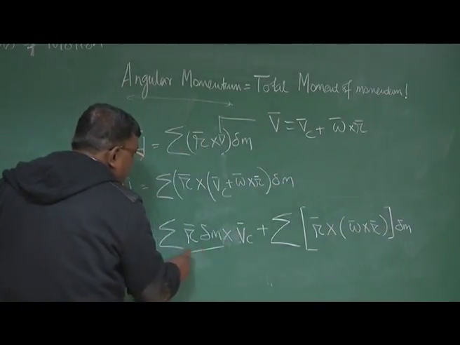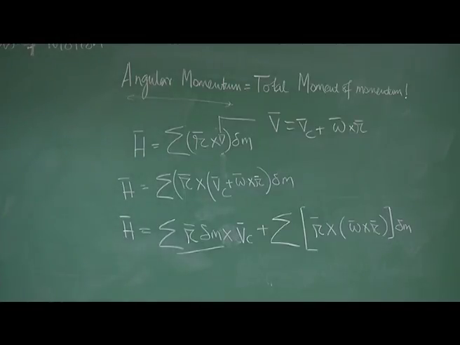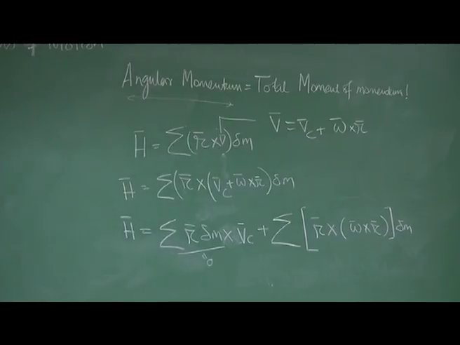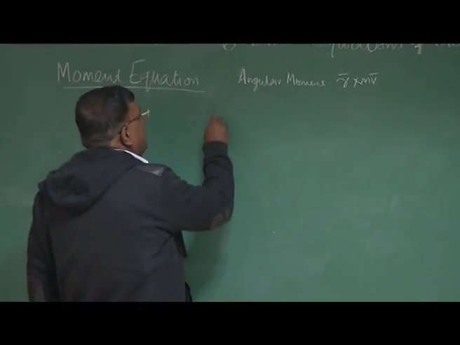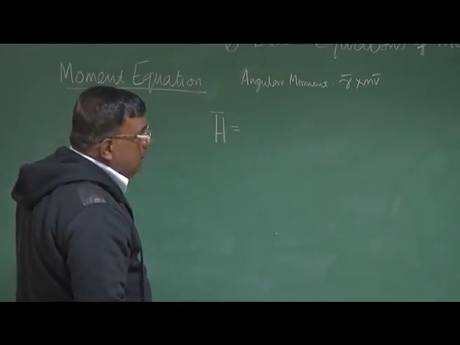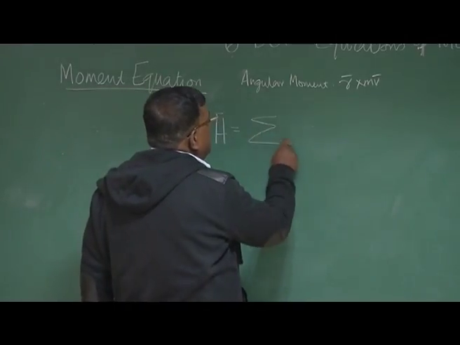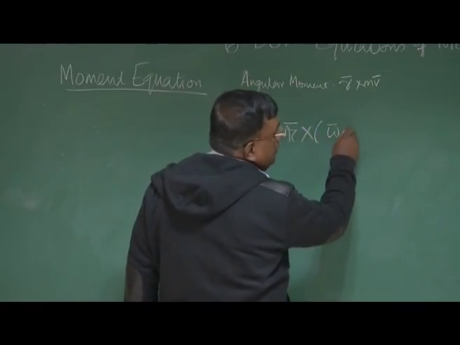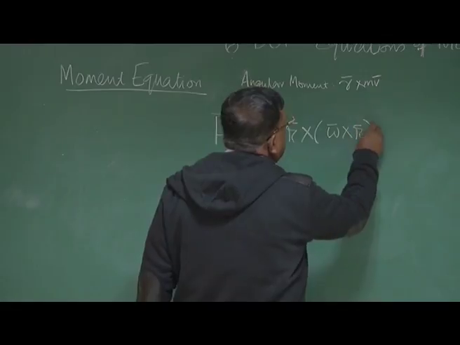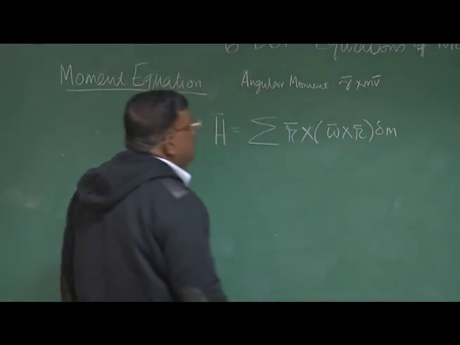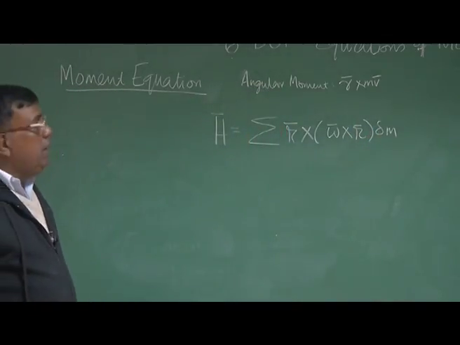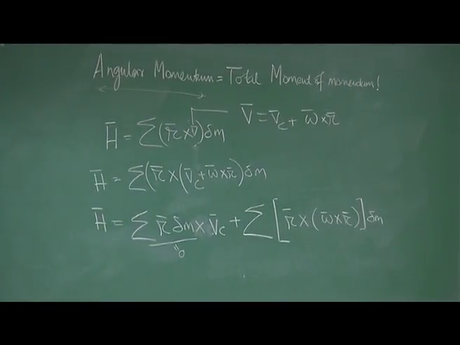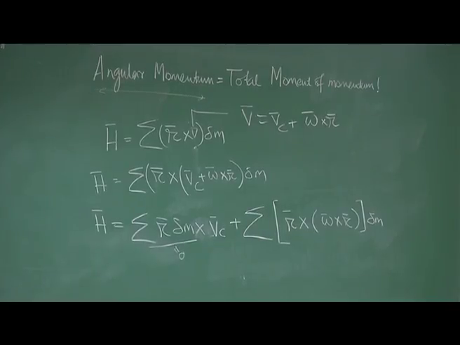And by now you know that if the axis is at the center of mass or center of gravity, the first term is 0. So we have an expression of h as summation of r bar cross (omega cross r) dm. Let us not forget this term vanished because the axis is located at the center of mass.